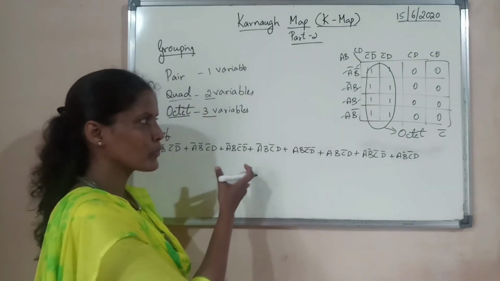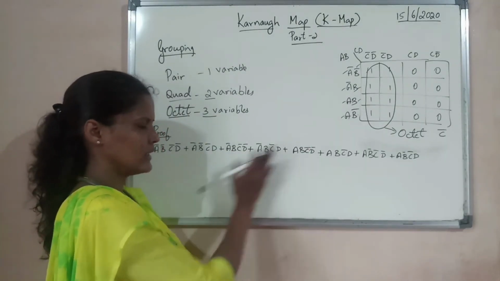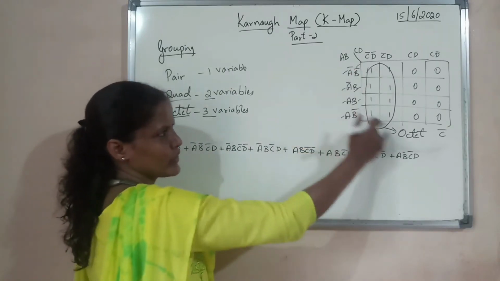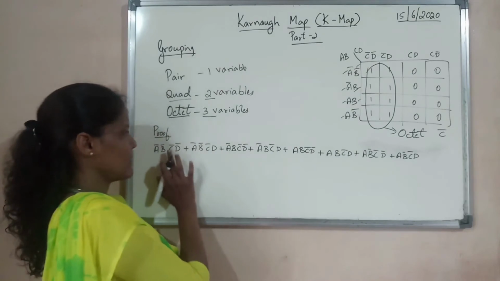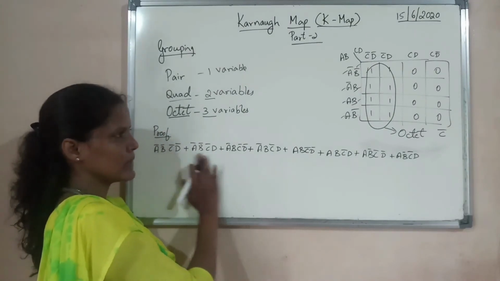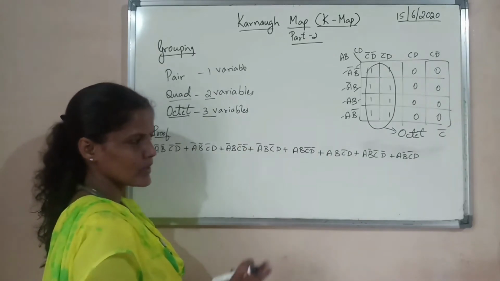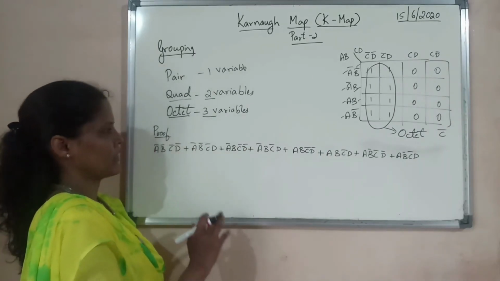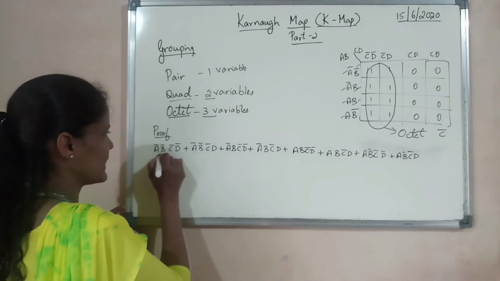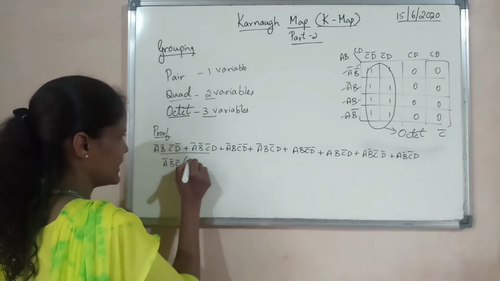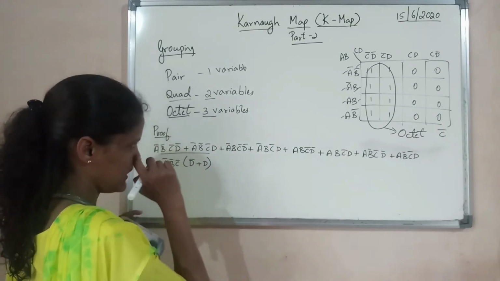Now let us try to prove this octet by using our traditional method. I have already written 8 terms for this particular grouping: A bar B bar C bar D bar, and so on. I have written all the 8 terms. Now in between these terms, I have to take the common factors. In between these, A bar B bar C bar is common, and D bar plus D is left over.